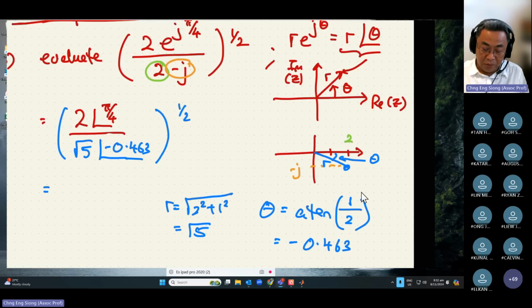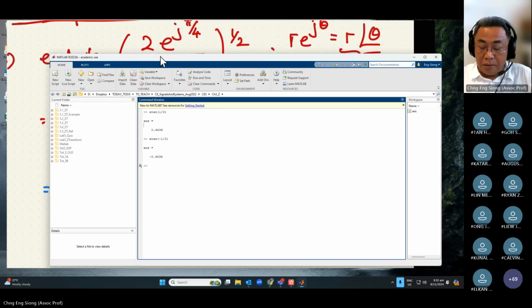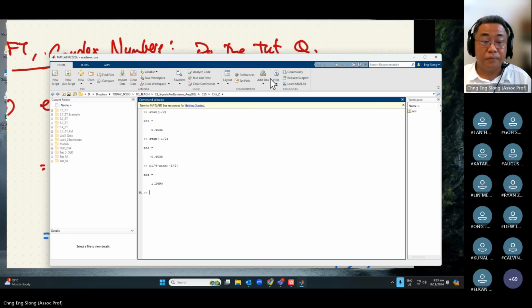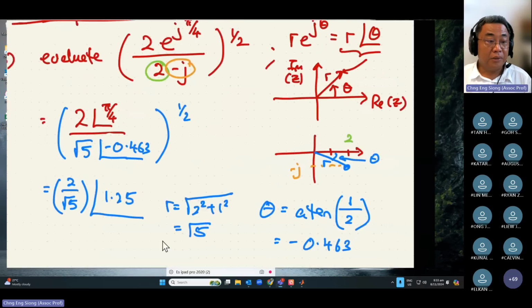So this becomes 2 over root 5 to bring the numbers out. The angle here is minus, right? So it is π over 4 minus (minus 0.463). Let me bring out the calculator. So it is π divided by 4 plus 0.463, about 1.25. Now everything to the half.